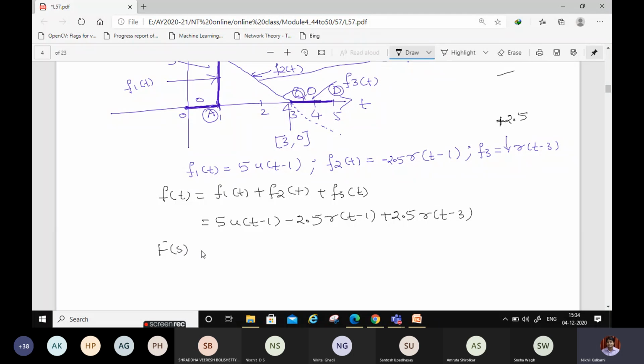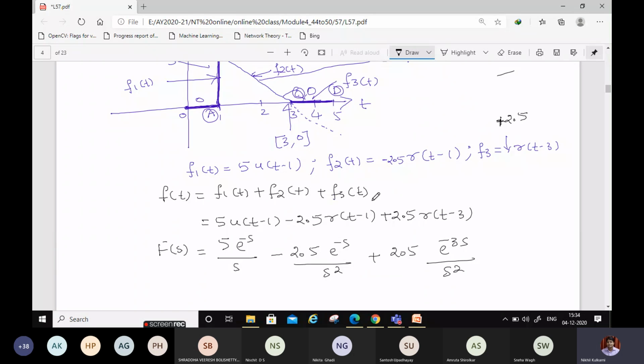So what will be f of s? 5 e to the power minus s divided by s, minus 2.5 e to the power minus s divided by s square plus 2.5 e to the power minus 3s divided by s square.